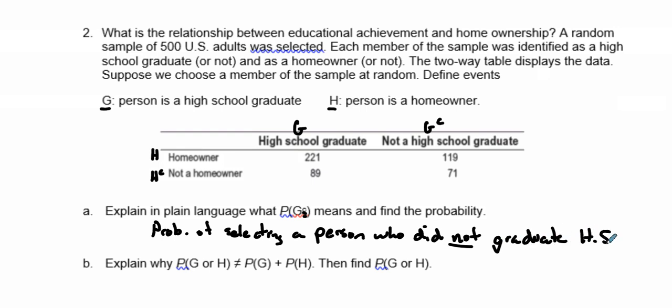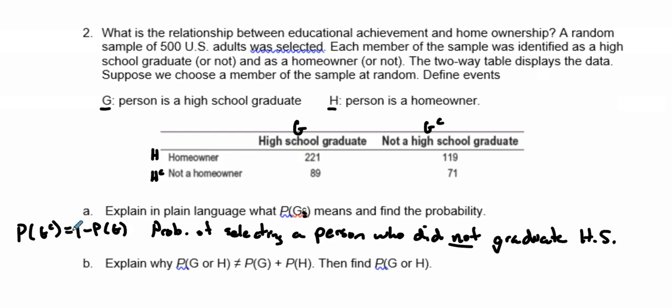And I'll just put H right there. And that's what we have there. So how do we figure out that probability? Well, the probability of G complement is essentially 1 minus the probability of actually graduating high school.